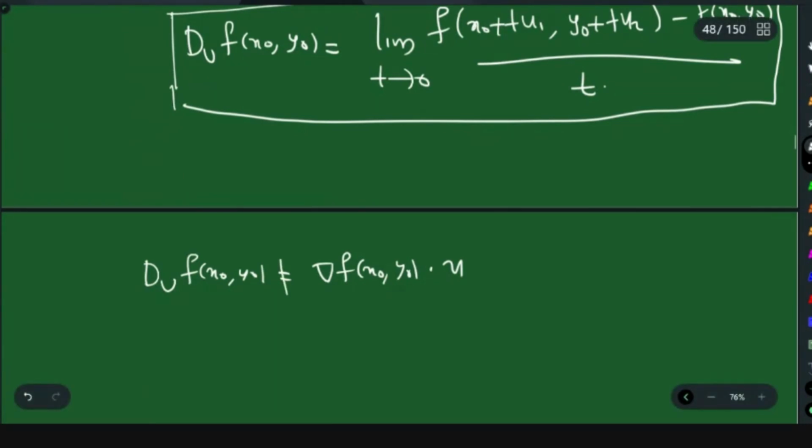It is not a general result. This equality is valid only for differentiable functions. That means the total derivative should exist.